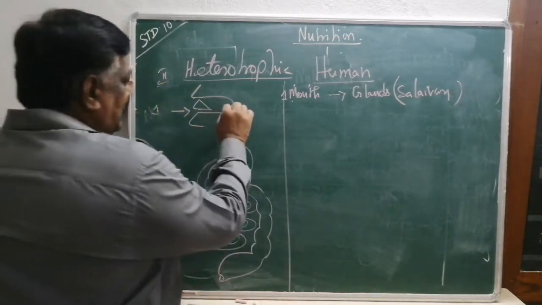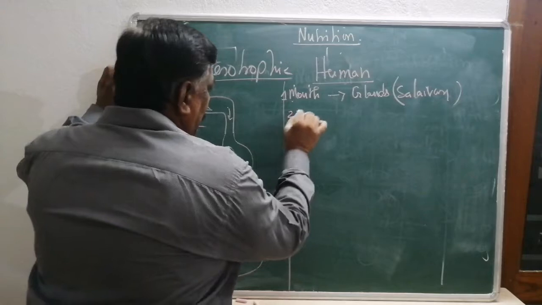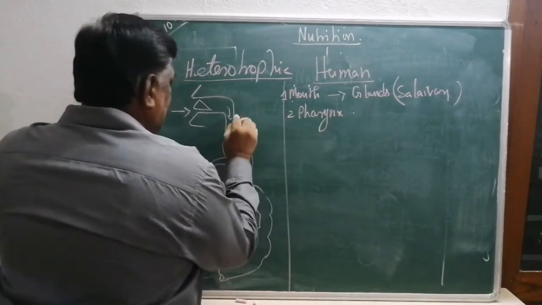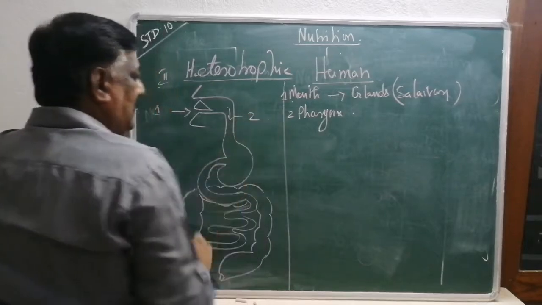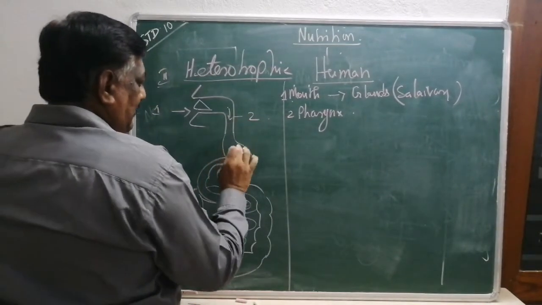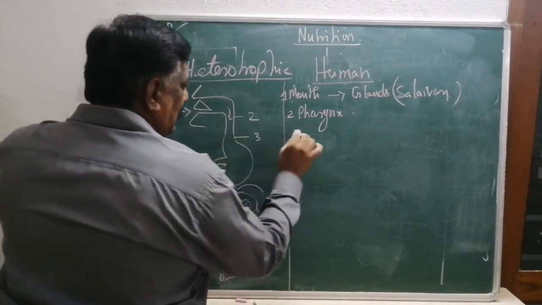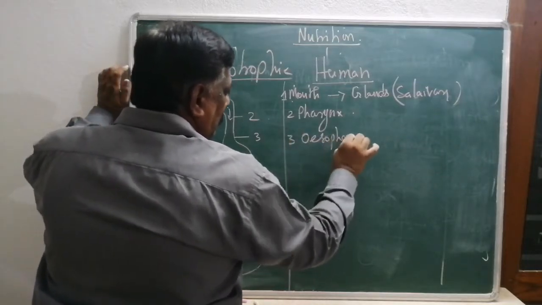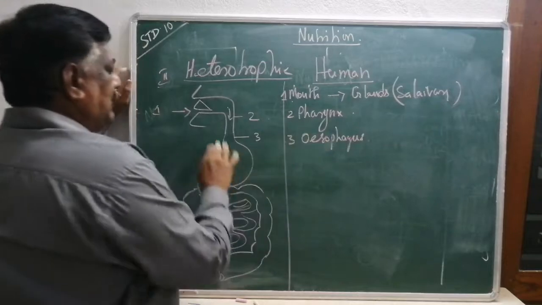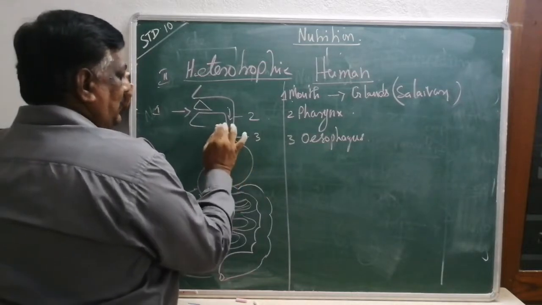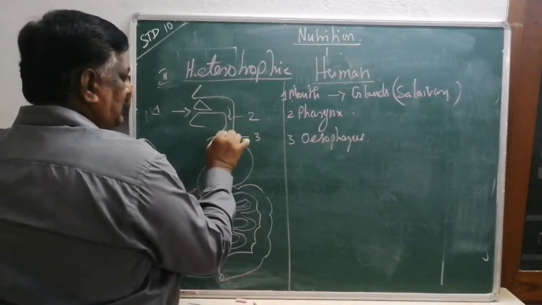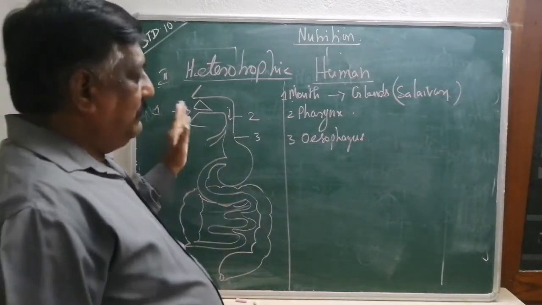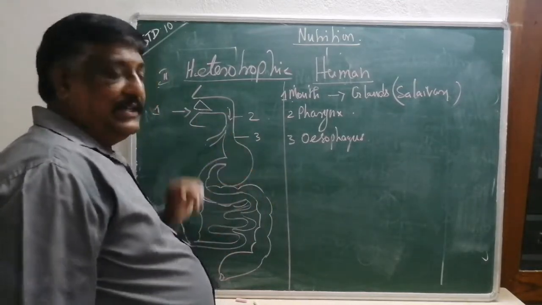Then the food passes into a common tube called the pharynx. From here it is called the esophagus, because the common tube splits into the trachea, the windpipe, and the food pipe. The esophagus is the third part.